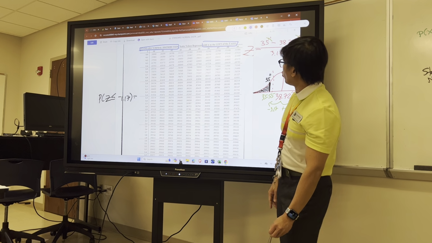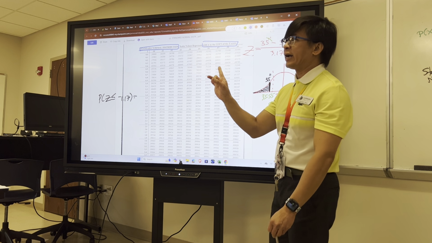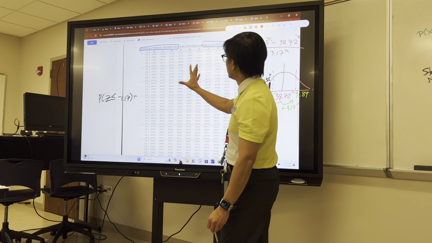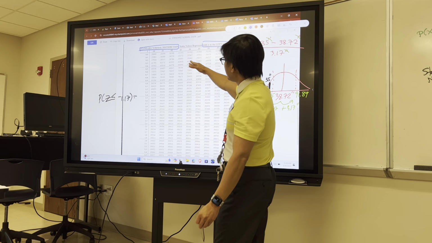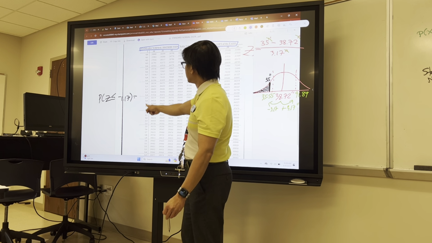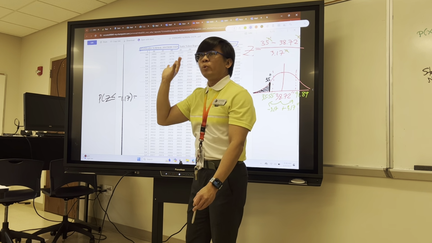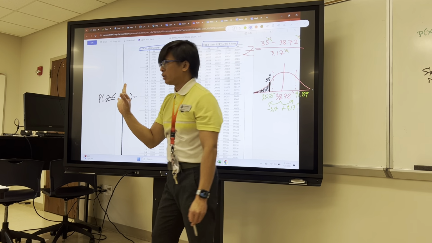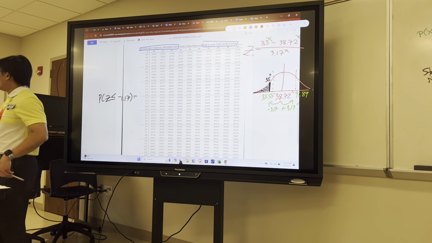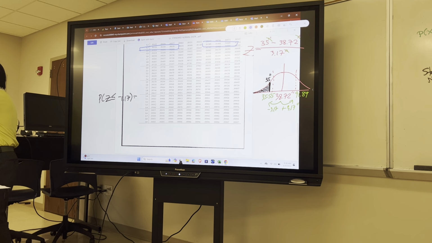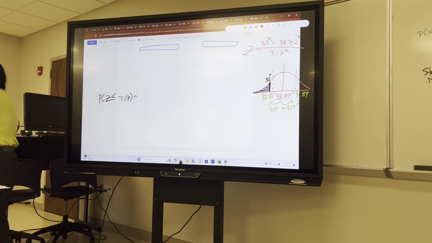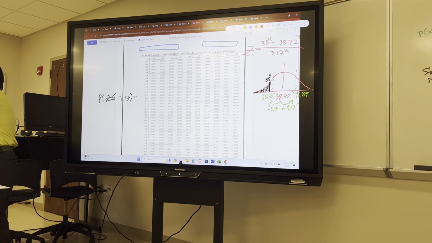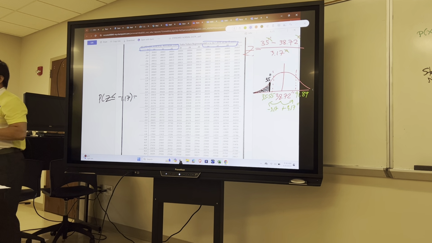Where is that z-score? Negative 1.72. As you may notice, these z values are all positive. We want to see the negative part, so we go see the other part of the table that has the negative parts. Here it is.